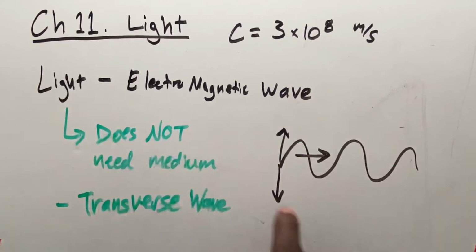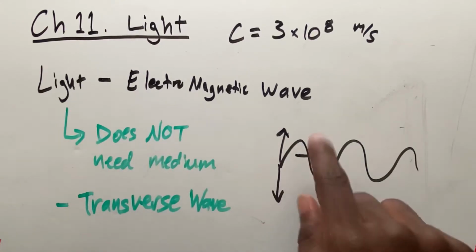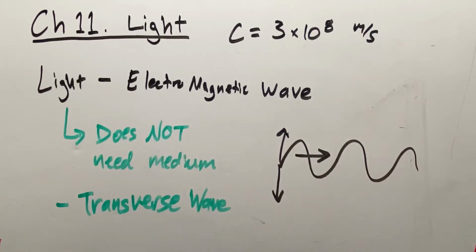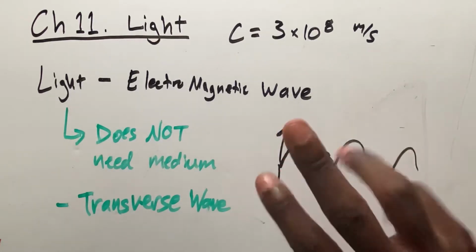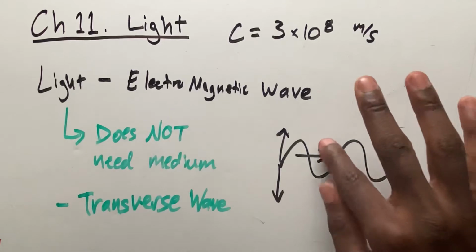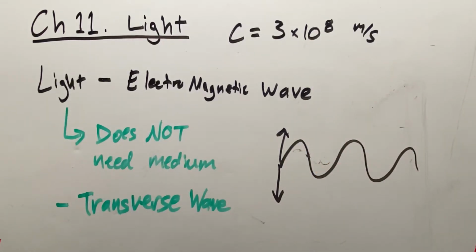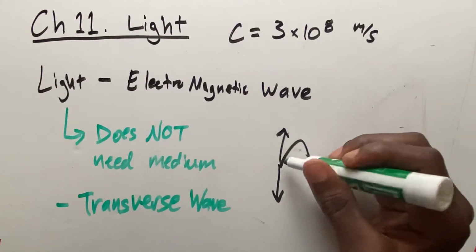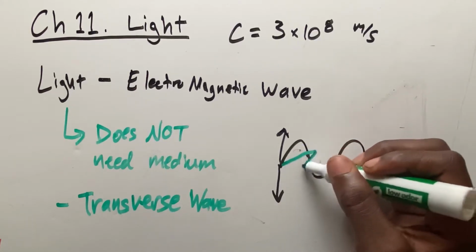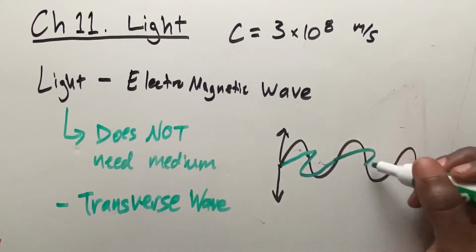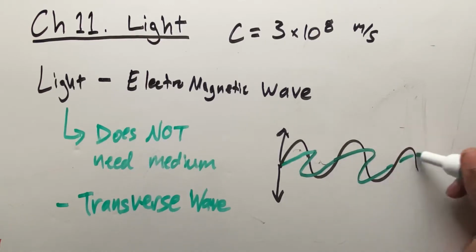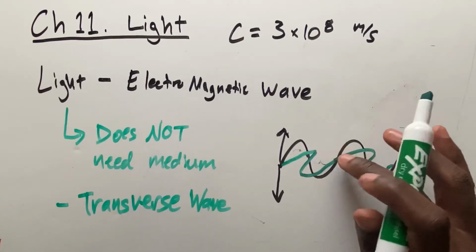So all light are transverse waves. Or basically light is a mixture of electric and magnetic fields that kind of alternate between each other. So if you imagine this black line as the electric field, then the magnetic field would be going kind of like that.